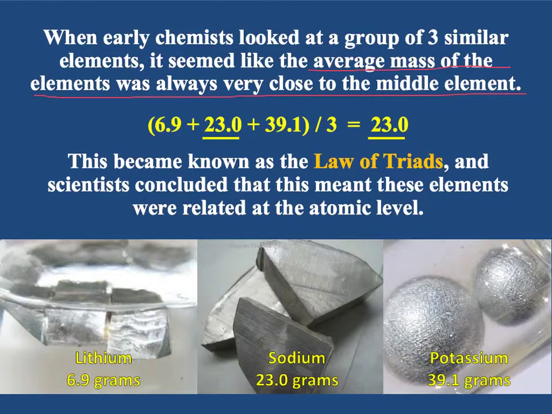This became known as the law of triads. It meant that elements were related to each other at the atomic level, that their atoms were very similar. So what did the law of triads imply? It implied that elements of that triad were related at the atomic level.